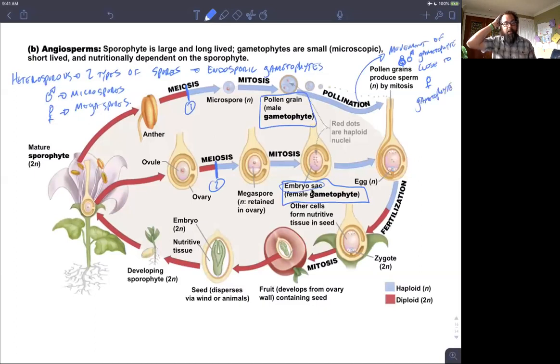And this can happen in a number of ways. So this can happen through wind, so abiotically, this can happen through water. This can happen also through biotic interactions with pollinators like other insects or birds or even mammals in some cases.